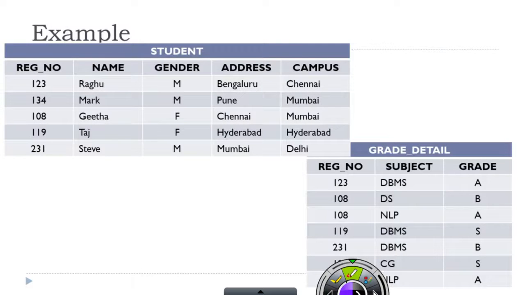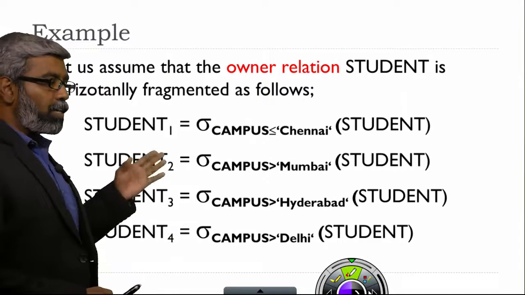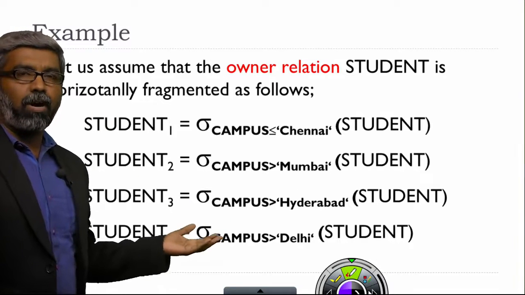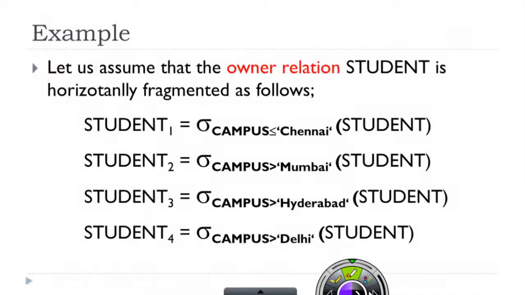Now let us see an example. We have a student table with some records and a grade table with some records. Let us assume that the owner relation student is already horizontally fragmented on the campus attribute, and the values chosen are Chennai, Mumbai, Hyderabad and Delhi.